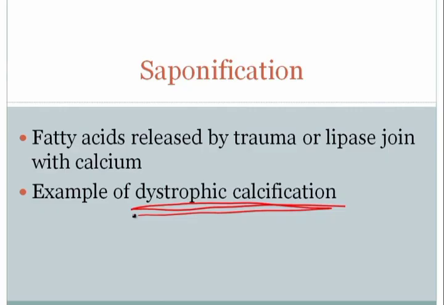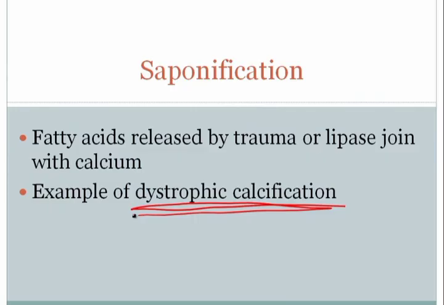When it does, there are really two underlying mechanisms. The first is dystrophic calcification, and the idea here is that there is dead or dying tissue, and that dead or dying tissue becomes a nidus for the calcium to deposit. The serum calcium is normal, the serum phosphate is normal. However, calcium can deposit on the tissue because the tissue is dying.